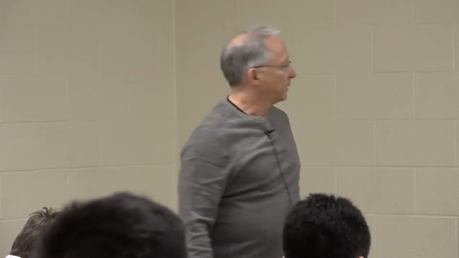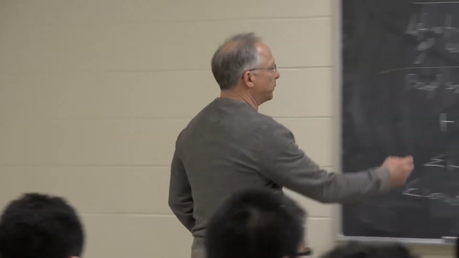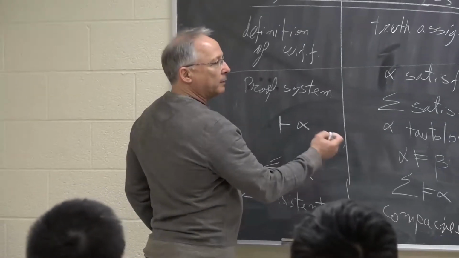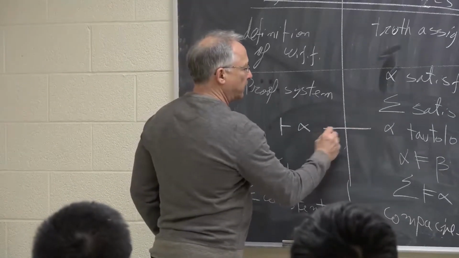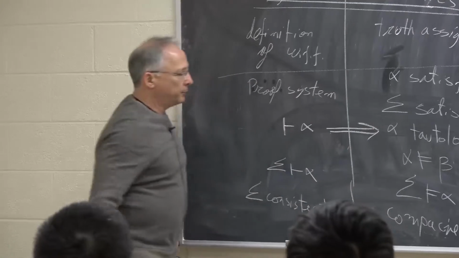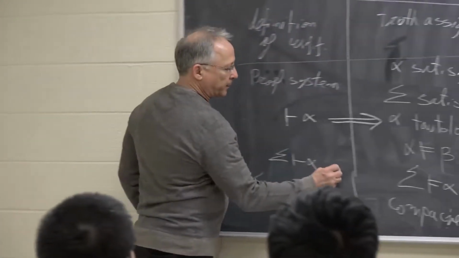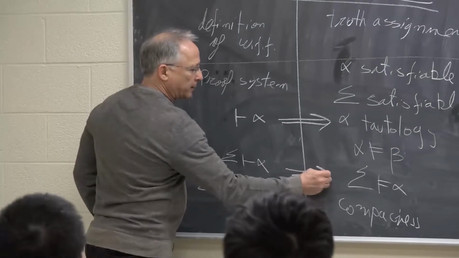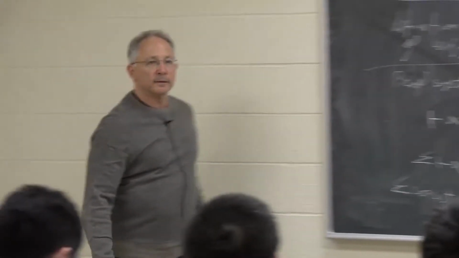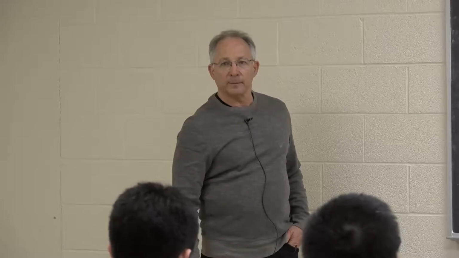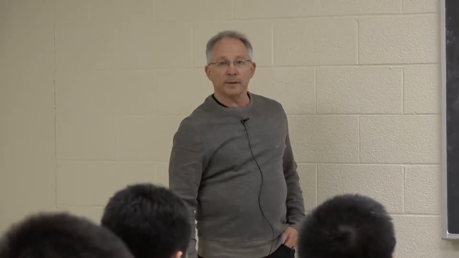For example, if alpha is provable, then it's a tautology. We showed this implication. If it's provable, it's a tautology. And we also proved this implication, the extended soundness theorem. So that was the soundness theorem.